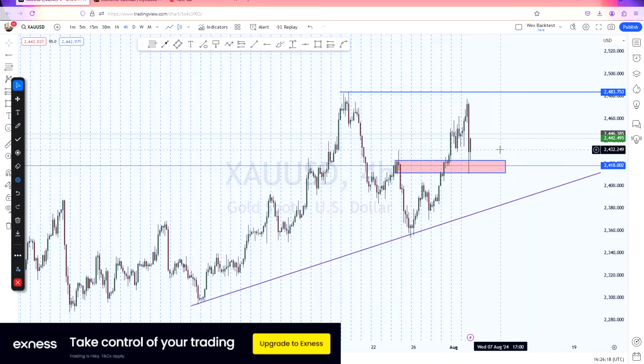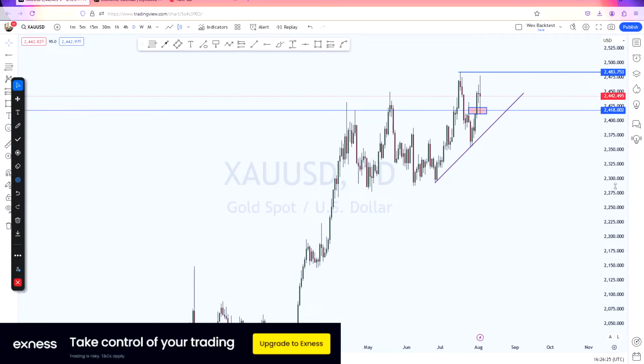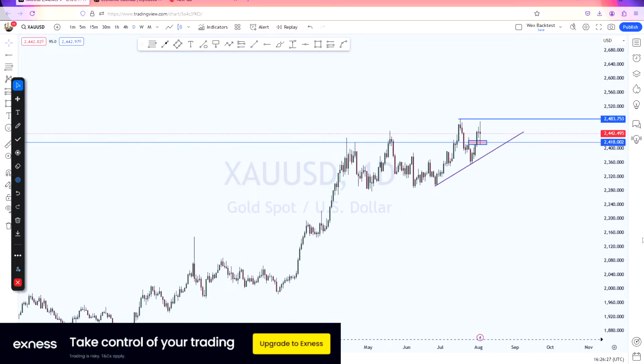So for me, gold, I'm going to be looking at buys. Back to the daily. So potentially 25.15 is where I'm expecting price to push if we break the highs.